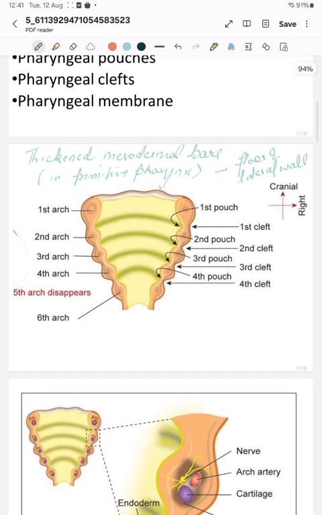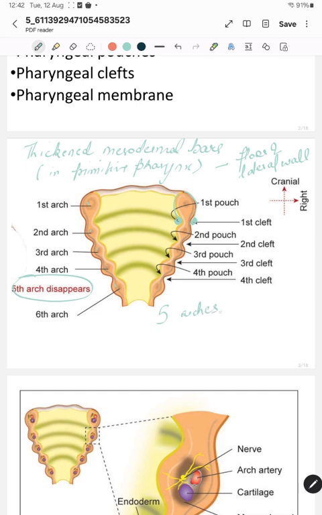Between the mesodermal bars, between the ectoderm and endoderm, on the endodermal side we have pharyngeal pouches, and on the outer ectodermal side we have pharyngeal clefts. Earlier there are 6 pharyngeal arches. The fifth one disappears, so only 5 are left, and between them 4 pouches and 4 clefts on either side are present.